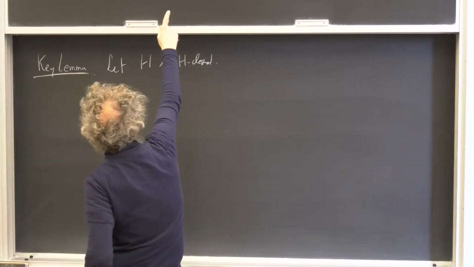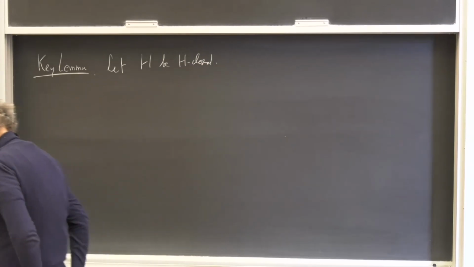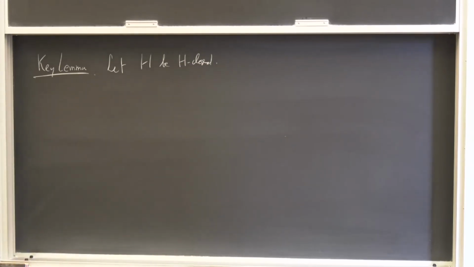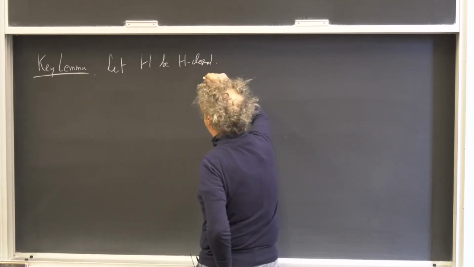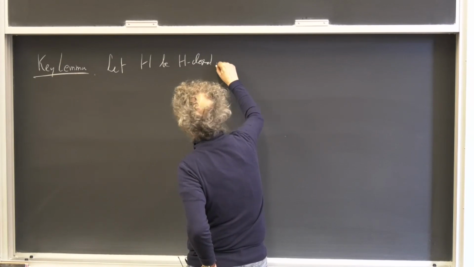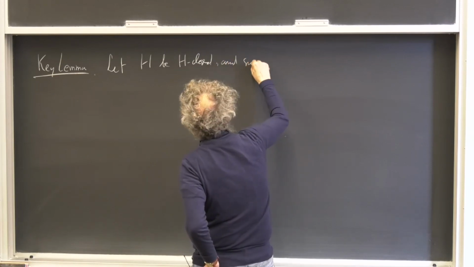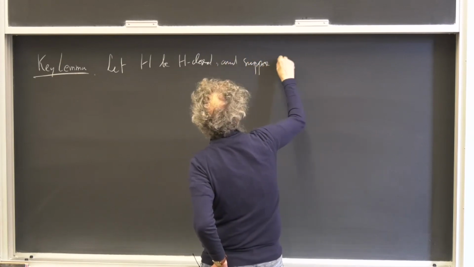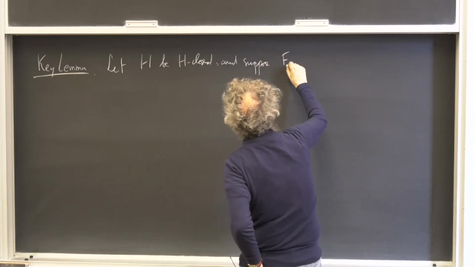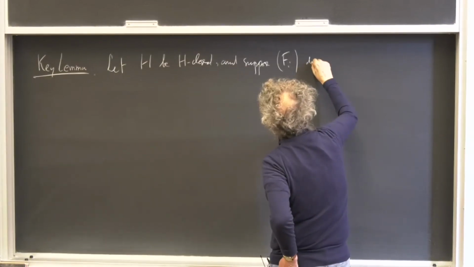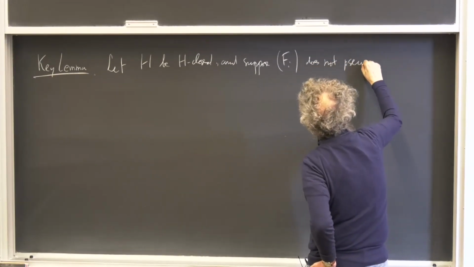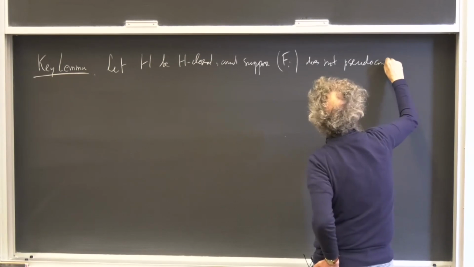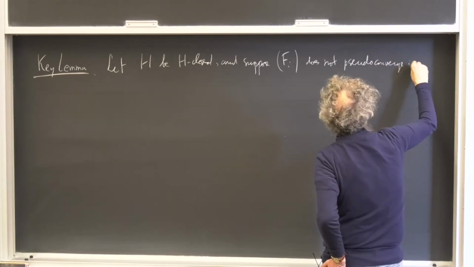And of course, in order to show that the F_i pseudo-converge, we can assume that it does not have a pseudo limit in H itself, otherwise we would be done.